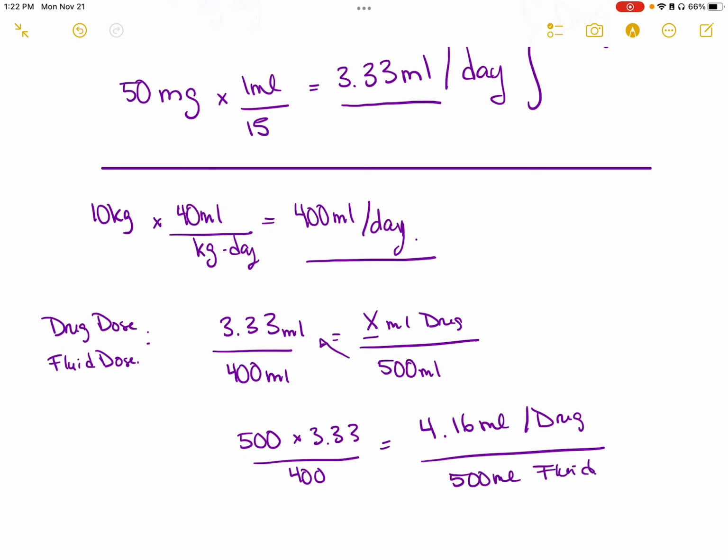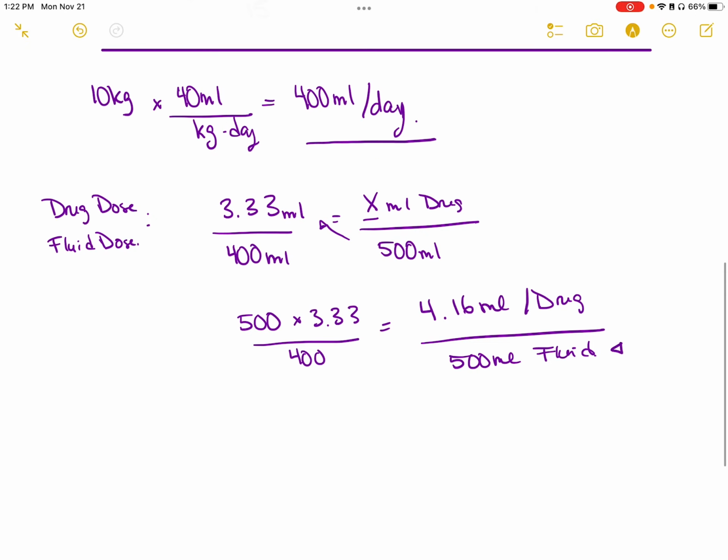Now remember, we did our calculation for an end volume of 500 mLs. So that means that we need to make room for this drug to go into the 500 mLs.